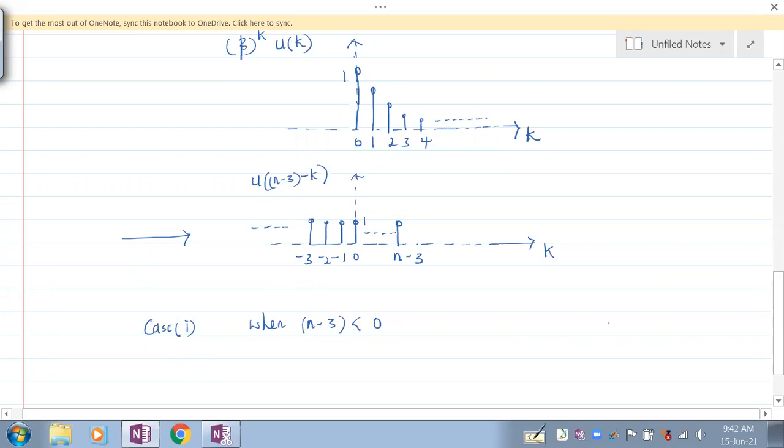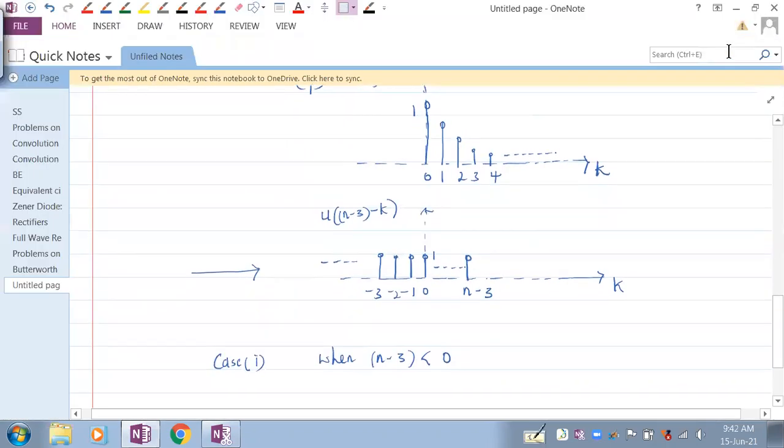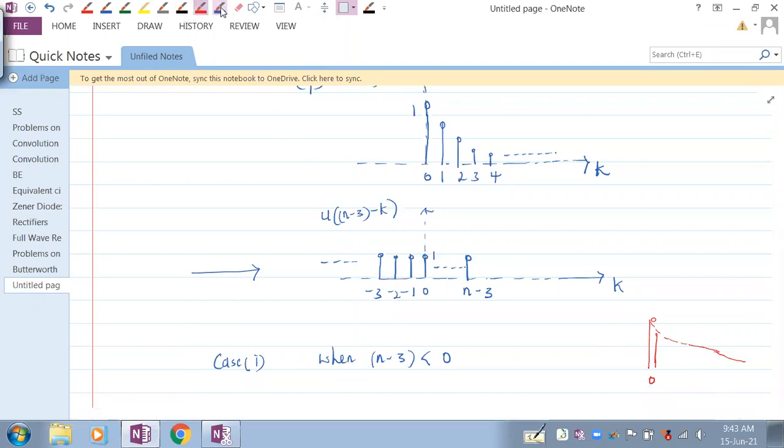So that is this. Let me take different colors because the provision is there now. Okay. So this is the standing signal. It's like this. Let me just draw that in continuous form. And there is this signal. So this is from 0 to infinity. And there is another signal, okay, which is this, and say it is somewhere here. Okay.